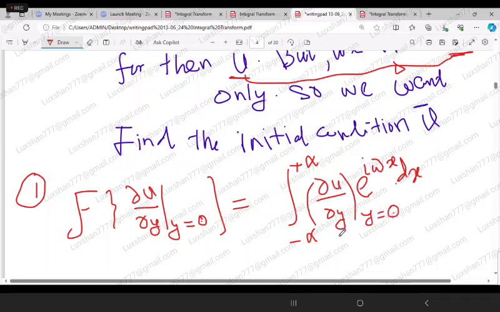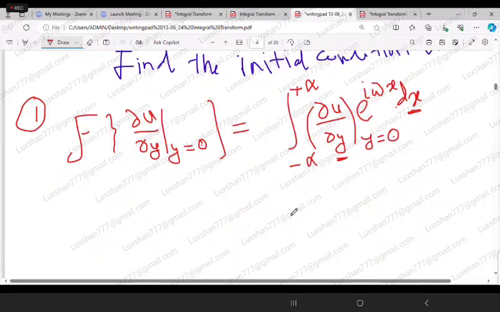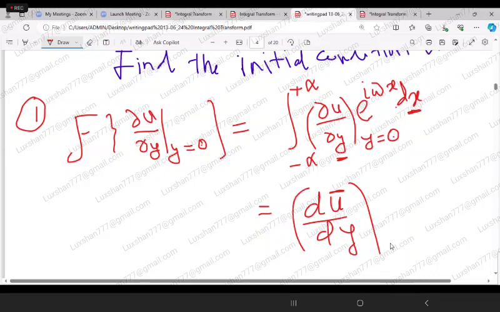Here the variable is y, but the Fourier transform variable is x. Therefore, you can write this as du bar over dy, sorry, here the variable is y, when y equals 0.